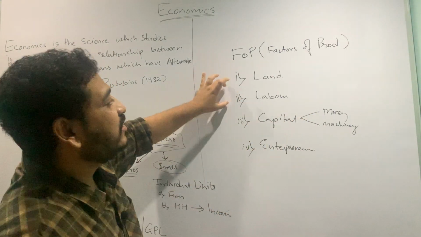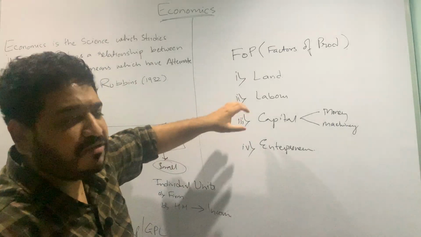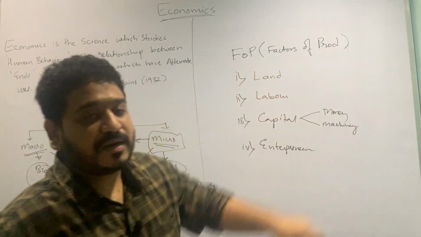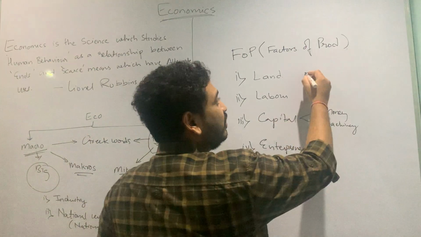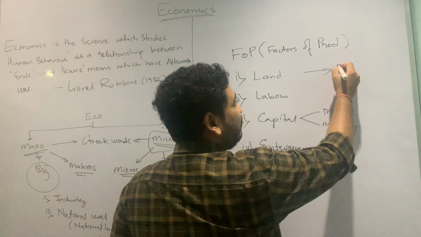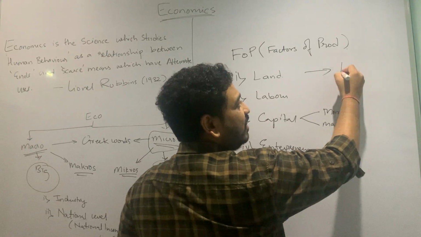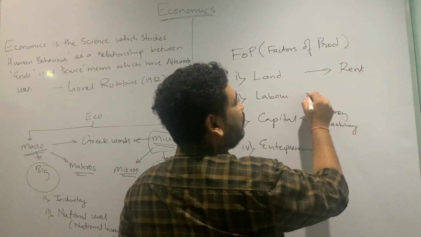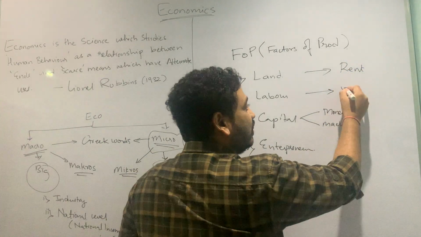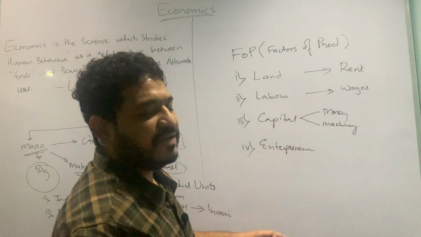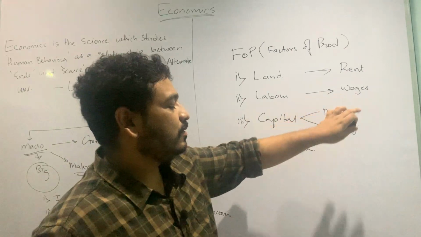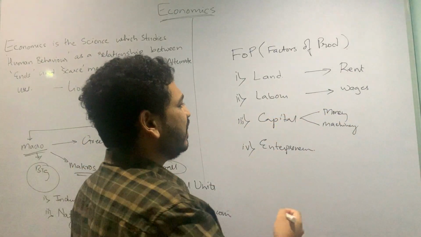Now, since we have factors of production which will be used in the process of production, I have to make sure that I pay certain remunerations to them. This is called factor payments. So for land, I'll be paying rent. For labor, I'll be paying wages or salary, whatever you call it. Wage is a very good term which is effectively used in economic analysis.